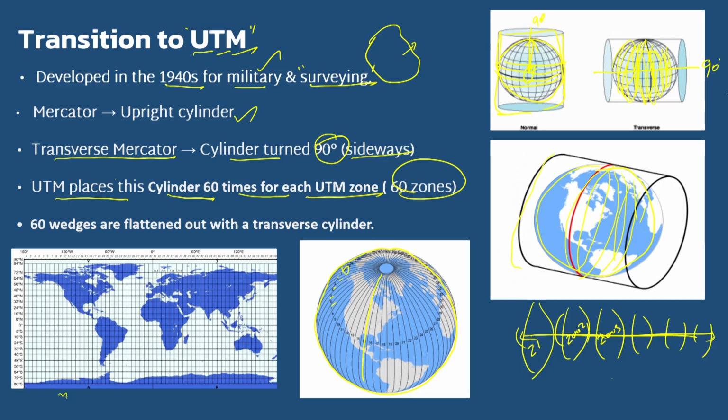We slice into 60 so that every zone gets projected so nicely that we can have high accuracy maps. After slicing, we have created this flat surface map, where you can see 60 zones starting from 1 and ending with 60. So, this is the difference between Mercator projection and Universal Transverse Mercator projection.